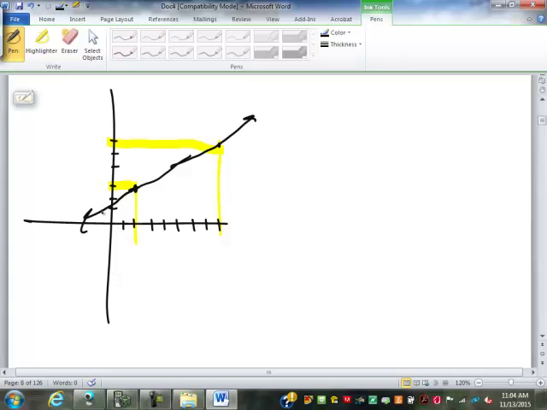Let's look at this one right here. Now we have these 2 grid points that we're given here. And so we could find our slope by figuring out the rise and the run. What's the coordinate of this first point here, by the way? 2, 3. Good. How about this one?